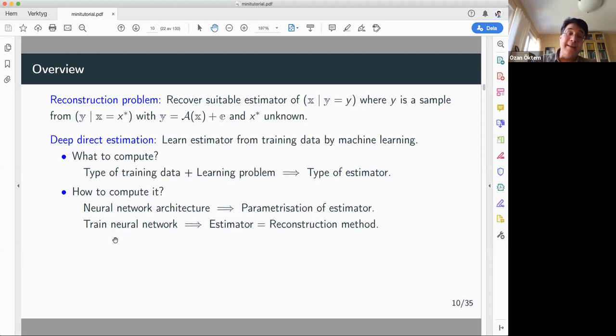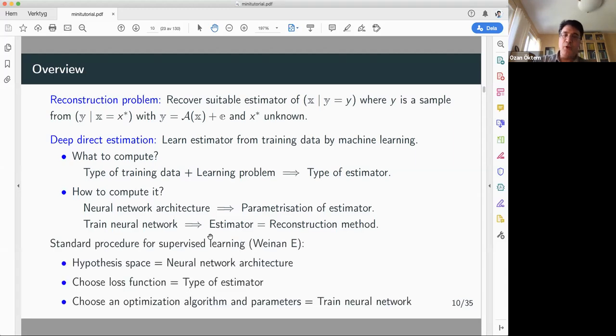And then you need to train this neural network against this training data. Keep in mind that this is an important distinction: when you have trained your neural network, you don't have a reconstruction, you have a reconstruction method. So the output of the training procedure is a reconstruction method.